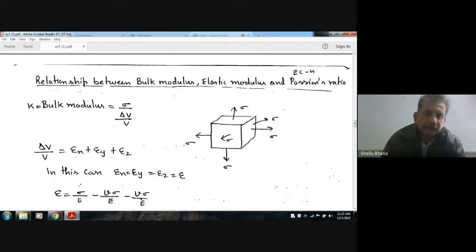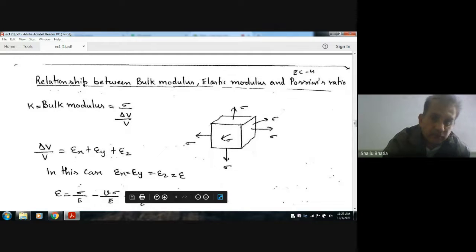Okay. Next, the relationship between bulk modulus and elastic modulus. Now we will derive the relationship between these constants. The first relationship is between bulk modulus, elastic modulus, and Poisson's ratio. Now bulk modulus we have defined as hydrostatic stress by volumetric strain, and the volumetric strain is epsilon x plus epsilon y plus epsilon z.